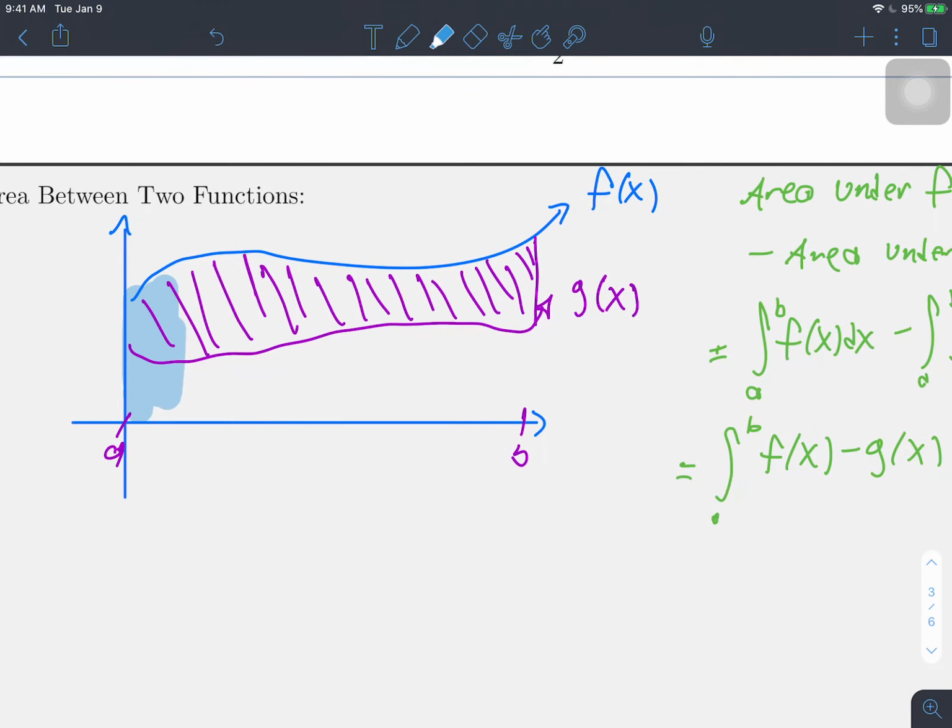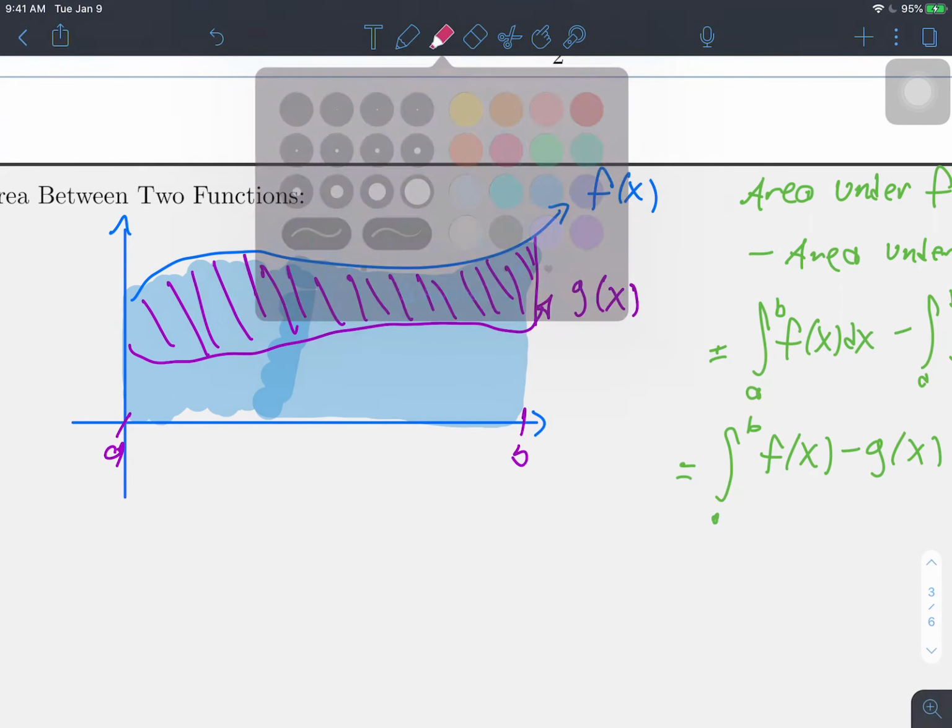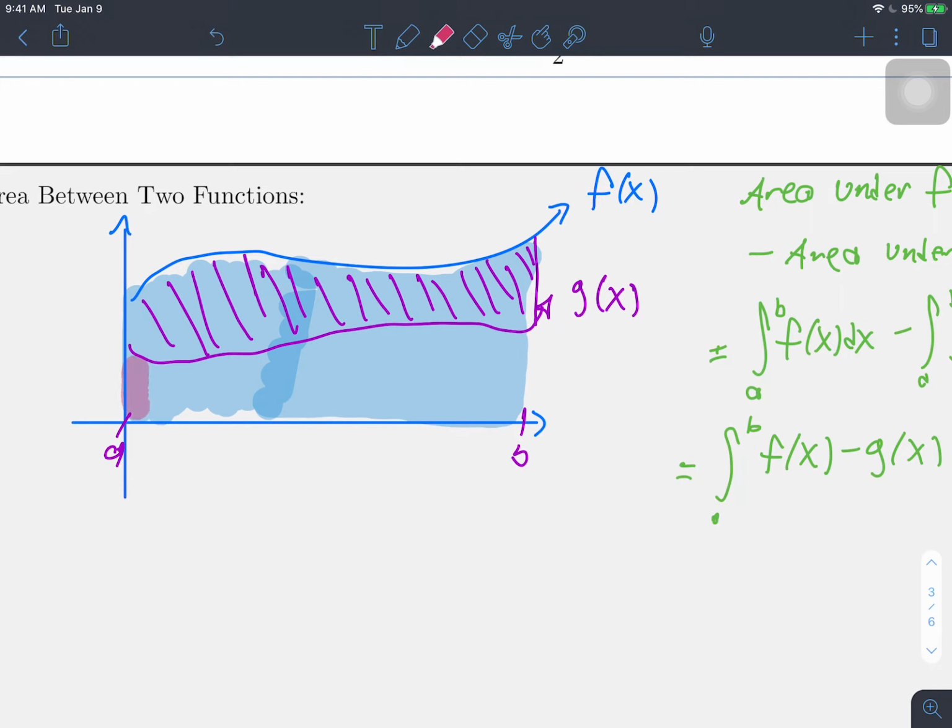Let me just give you a quick illustration for what's going on here. We're taking this blue area here, and we say, okay, let's subtract from that the red area here. So if we get rid of the bottom piece, then we'll be left with the stuff that's in between.